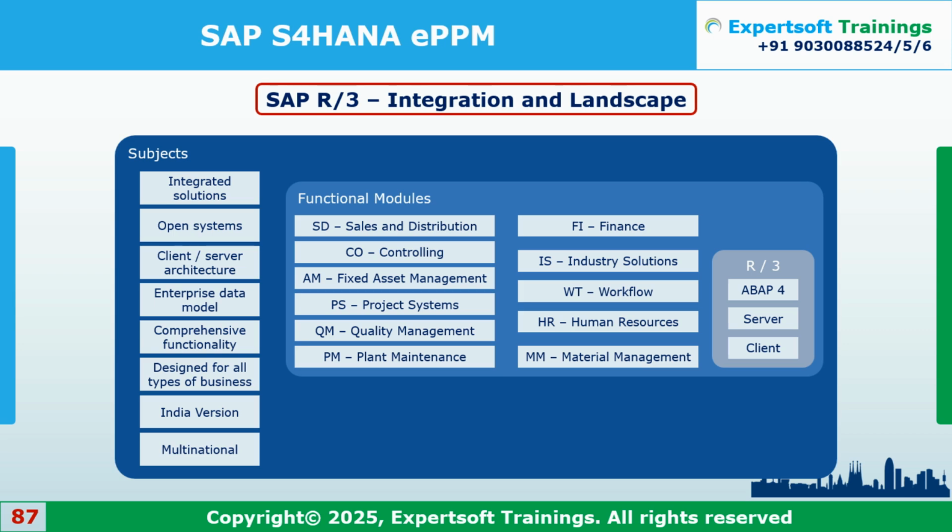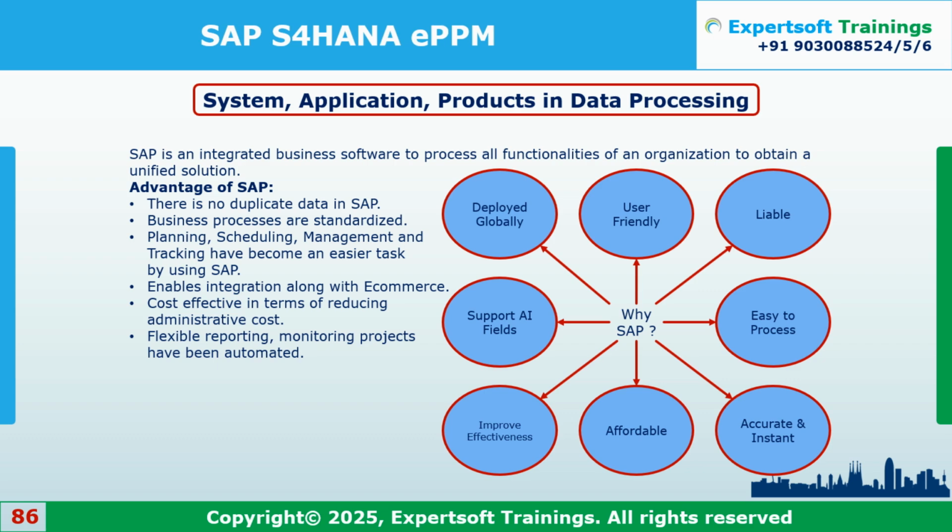Then there is a second type of role, which is your L1 level. The L1 level person knows basic configurations and all, like your core users. He will create master data, but he will not deal with business transactional data.